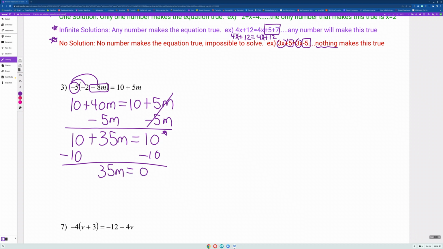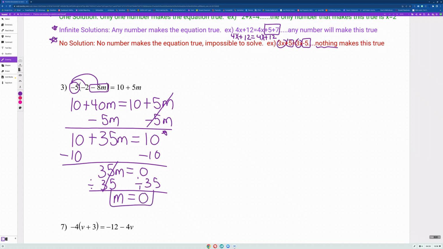Don't panic here. Just keep going. So 35 and m are multiplying. So I'm going to do the opposite of multiplication, which would be division. So I'm going to divide both sides by 35. Once I do that, my 35's cancel, and I get m is equal to 0.